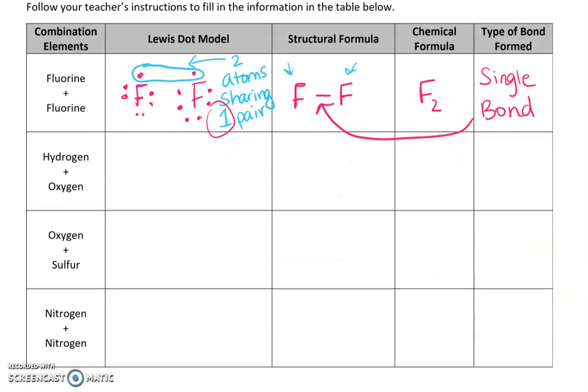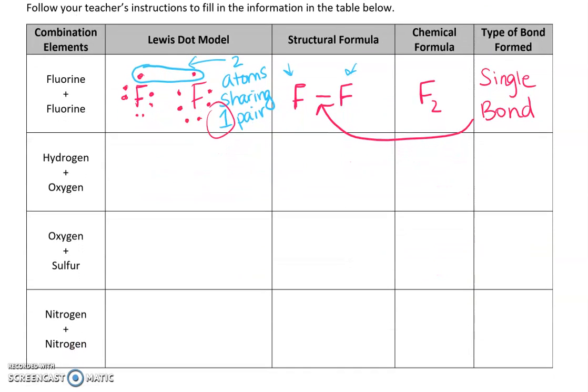So moving on to the next example here, now we have hydrogen and oxygen. So hydrogen has 1 valence electron. Oxygen is part of group 6, it has 6.